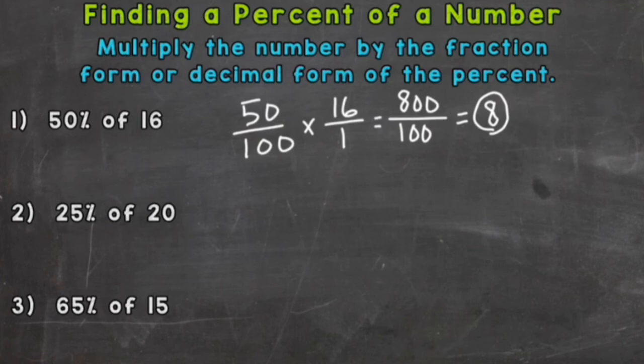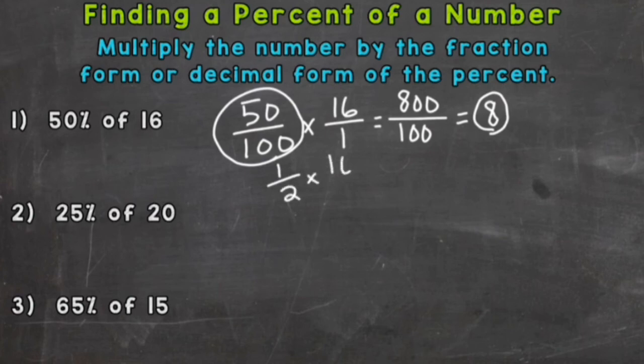Now, there could be another way of proving that this result is correct. Let's look at a different way of finding this. We recall that 50% is half, so it simply means half times 16 over 1. So that is 16 over 2.